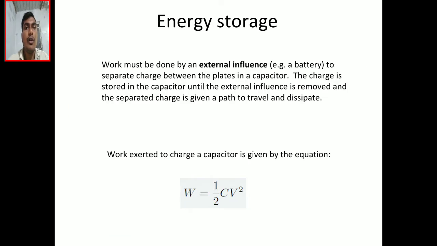Now, how much energy is stored? In the last class I already told what is power. Now I will explain what is energy, and how energy is stored in the capacitor and inductor, and what about the resistor. Energy is the capacity to do work.